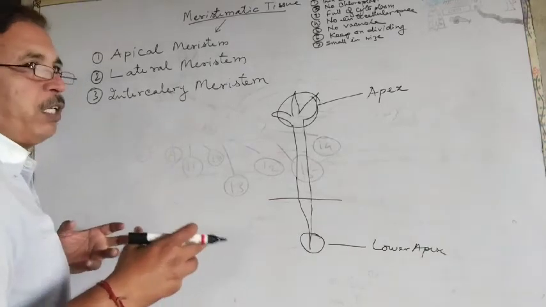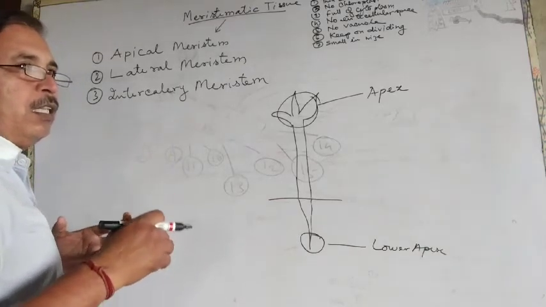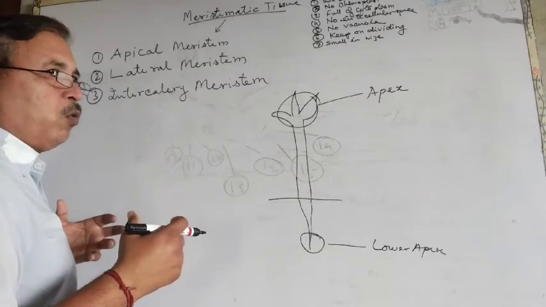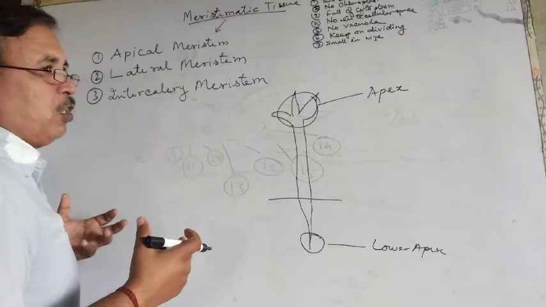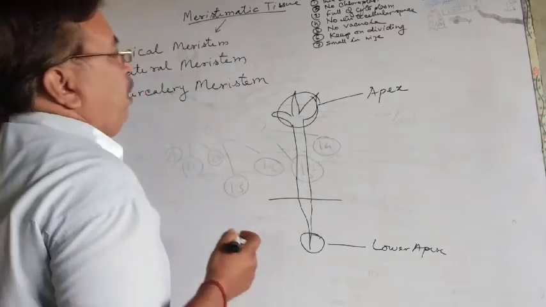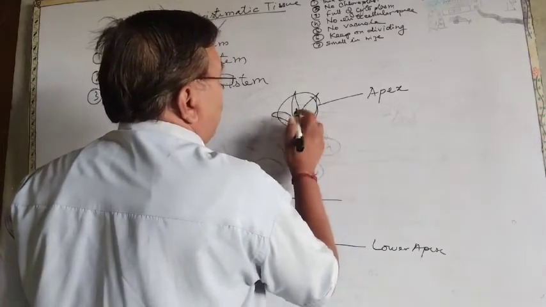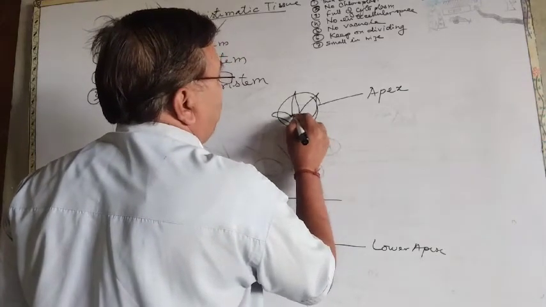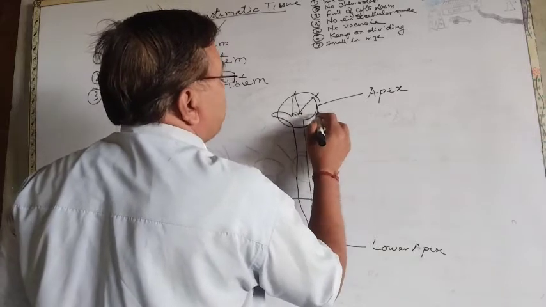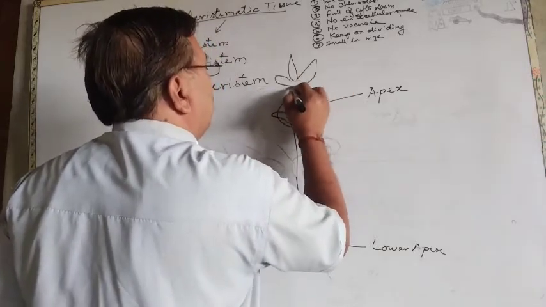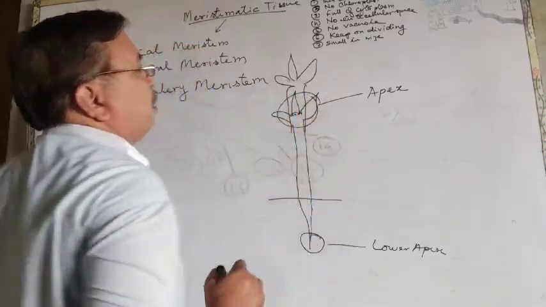Growth means multiplication in the number of cells, and the type of cells which keep on multiplying, what do we call them? Meristematic tissues. So this growth occurs today here, again some more cells will develop here, and after some days this same position will come here.